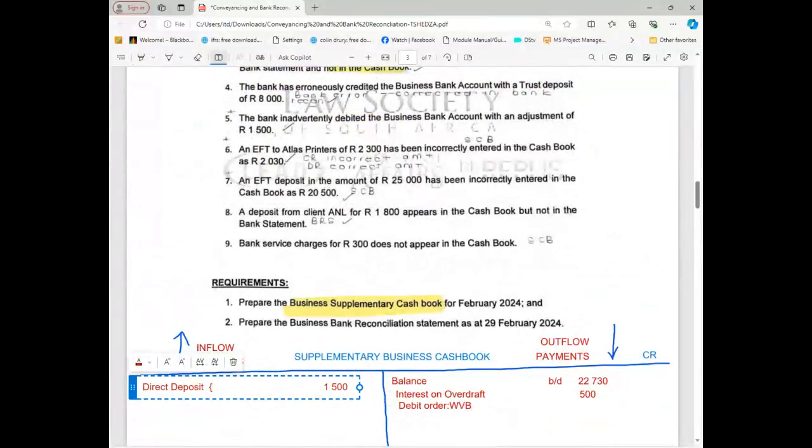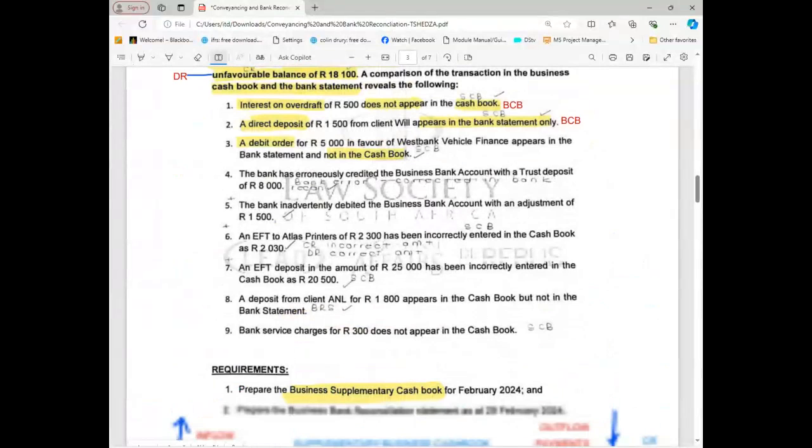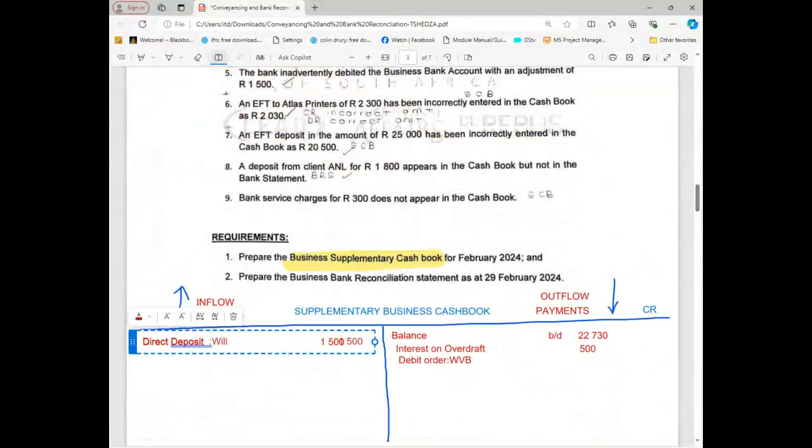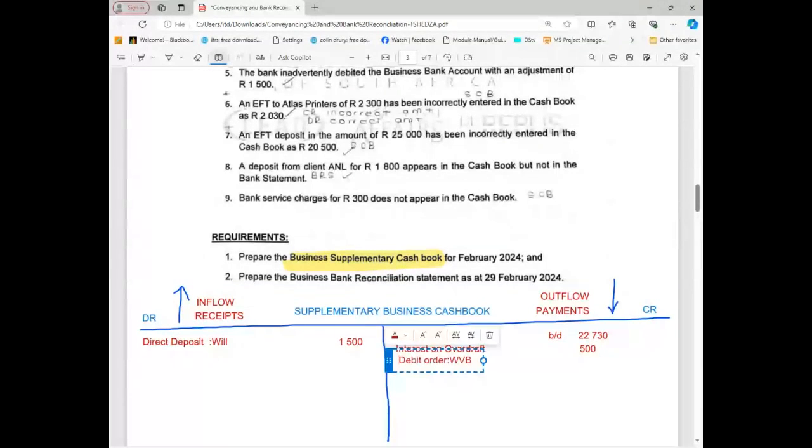They won't penalize you, it's just for detailing. Are you good? The debit order was how much? Yes, it was 5,000.